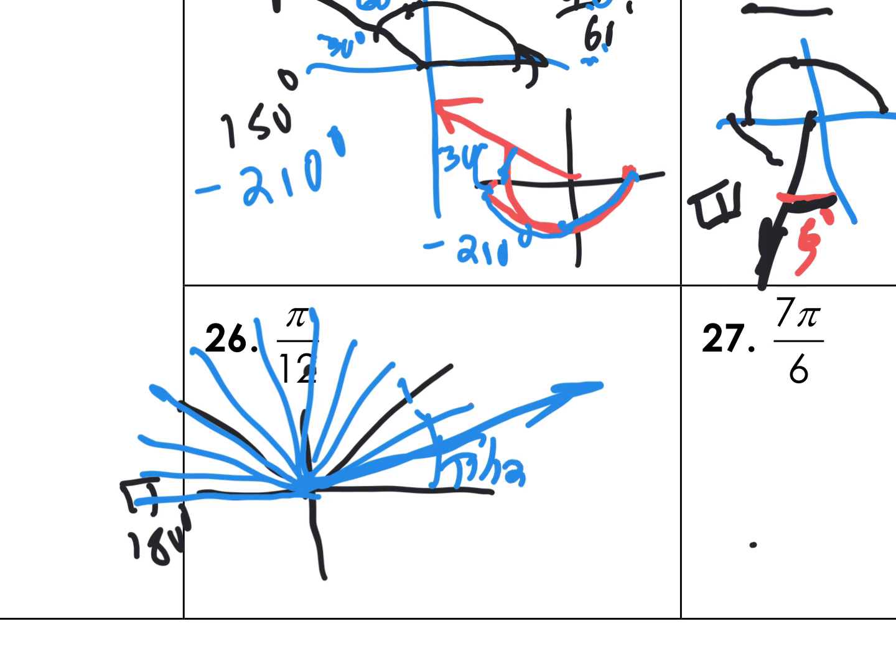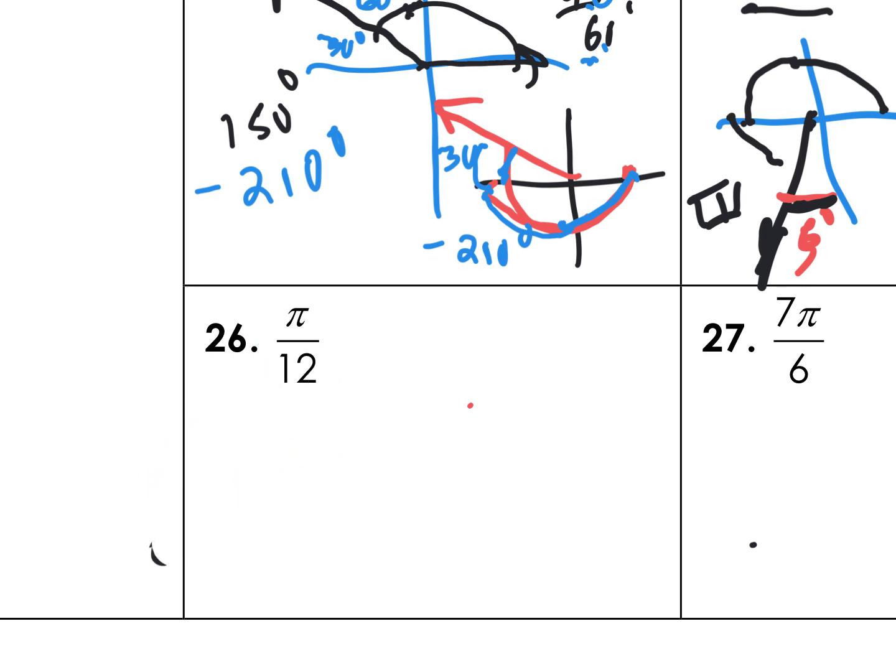It's 180 degrees divided by 12 pieces. So it's more difficult than I wanted it to be. But let me draw it again. I'm not going to do all the tick marks. Hopefully you take my word for it. That pi over 12 is very, very small. And I go up just a little bit. We'll call that pi over 12.